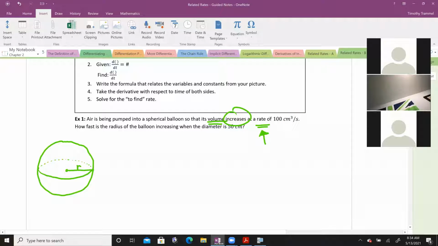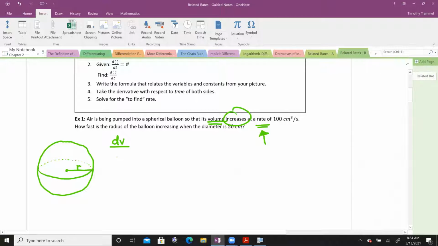That is a rate. Okay. So if we were to be thinking about the rate at which the volume is changing, we'll write that as dV/dt. So the rate at which the volume is changing is that 100 cubic centimeters per second. Okay. And we're also asked to find another rate.